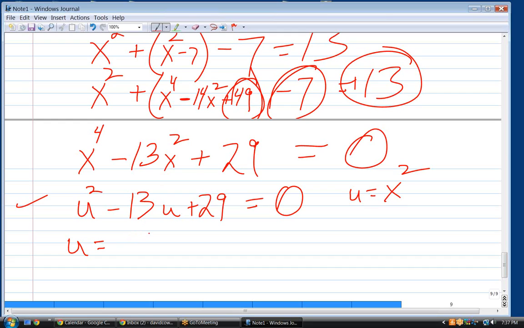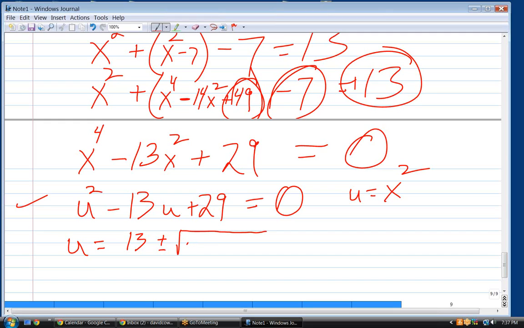We're going to have to use the quadratic formula because we can't factor that. So what's minus b? 13 plus or minus the square root of negative 13 squared. Don't forget that square root. Both times you've told it to me, you forgot to say square root. That's the other part of the formula: it's the vertex plus or minus the square root of the discriminant.